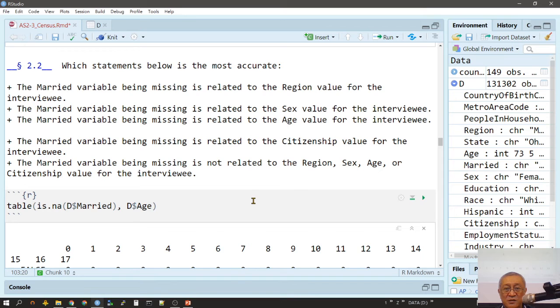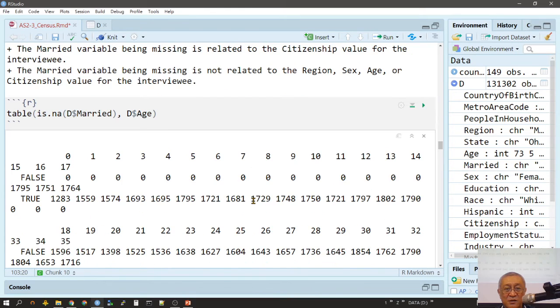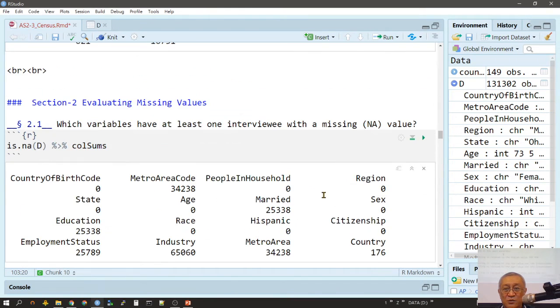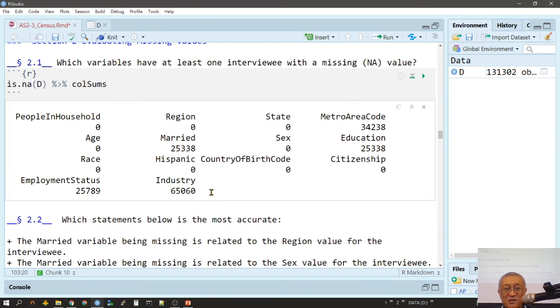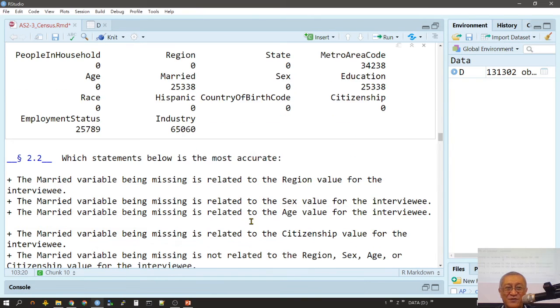Wait a second, I think I should do this. Some of the fields are actually added in later on. So when you run to this point, you should only have 1, 2, 3, 4, 5 variables that have at least one missing value.